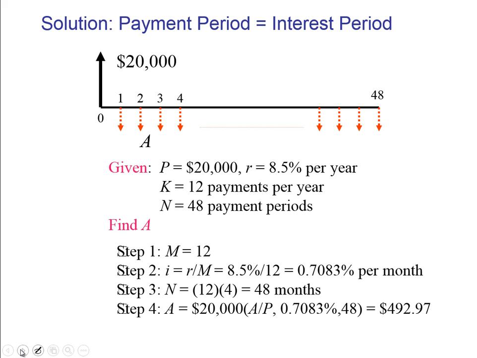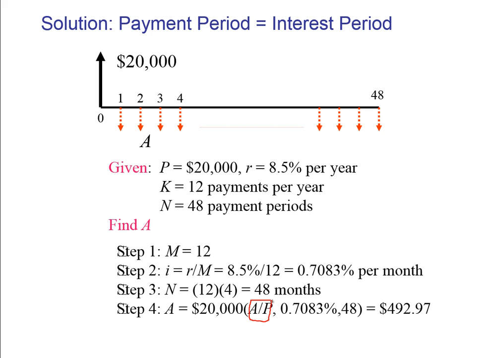Based on that, we use the formula A equals the principal P, which is 20,000, multiplied by the factor A given P. It's not divided. This is not a division sign. This is A given P with 0.7083% and 48 periods.